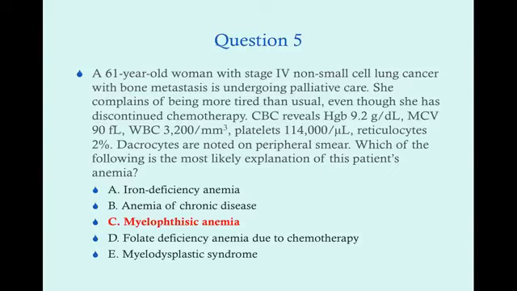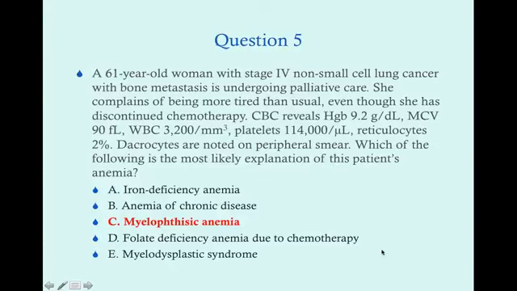But that would be unusual. If you do suspect that for whatever reason, you want to look at your red cell distribution width, RDW, and that's going to be high. What that tells you is sort of the range of sizes of the cells. So that's something you may want to look at. But this is very unlikely because her MCV is normal.